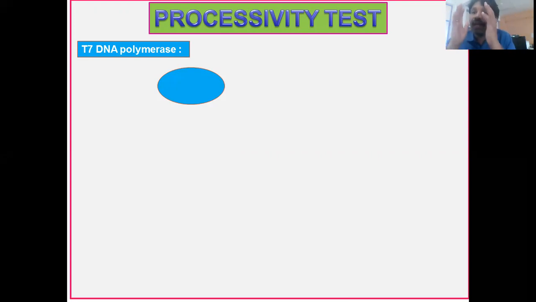How many nucleotides it can add for one dissociation from the primer and template, that is called processivity. Some enzymes have low processivity, some have high processivity. So here the T7 DNA polymerase with the thioredoxin has the highest processivity. And without the thioredoxin, the processivity is very poor. That I want to tell you here.